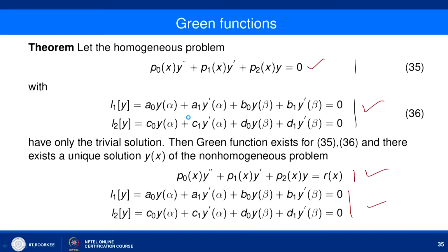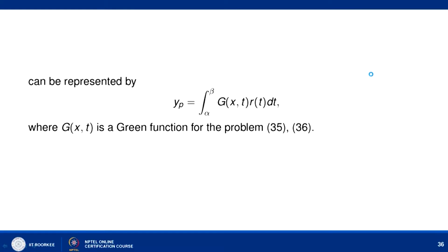So, it means that your homogeneous problem is given in terms of this alpha and beta here. Here I am denoting the unknown function by y, which is a function of x, and x is lying between alpha and beta. We will try to prove this later on, but first we discuss the properties of the kernel of this equation.